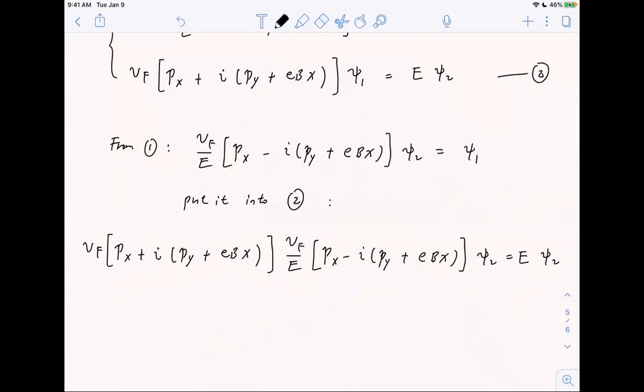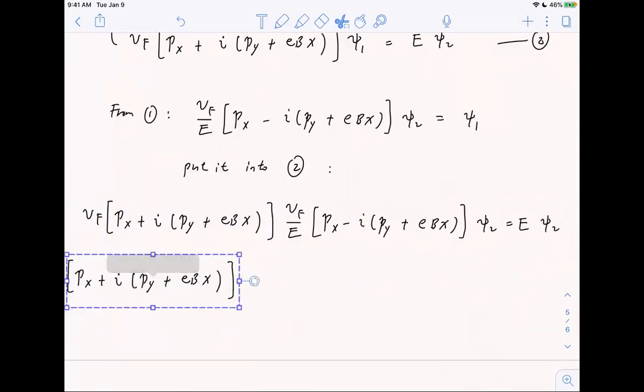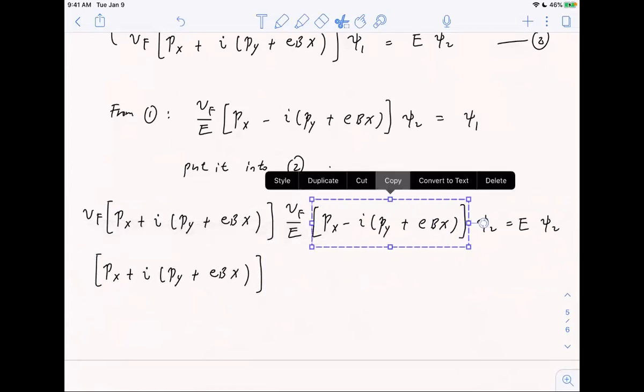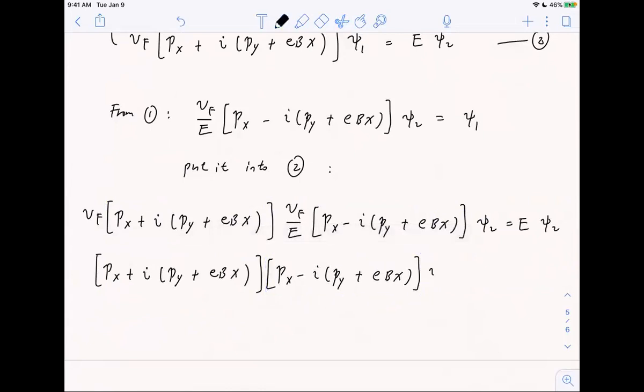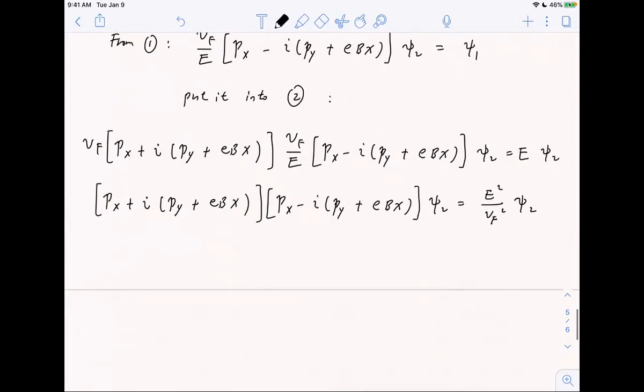Let me see. Okay, so we can slightly make it better, like copy this. And then on the other side, you have E squared over velocity squared by 2. Okay, so let's open this parenthesis.